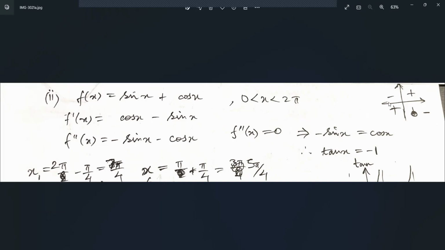The other one is pi minus pi by 4. So this is actually not correct here, it should be pi minus pi by 4.